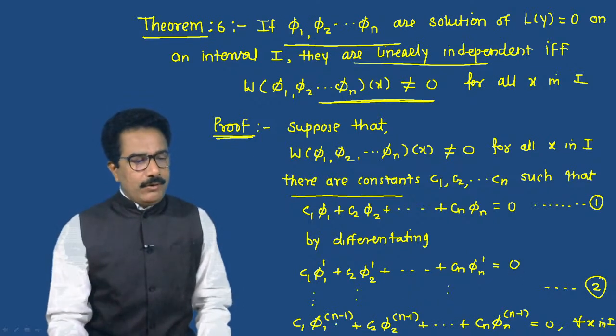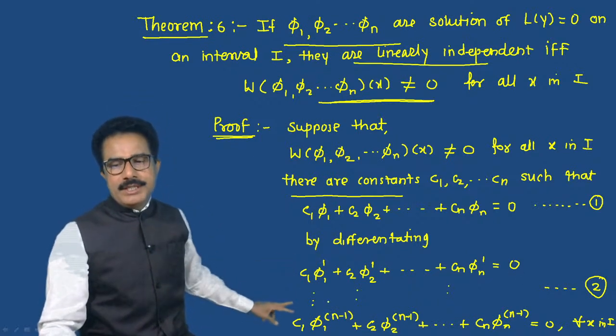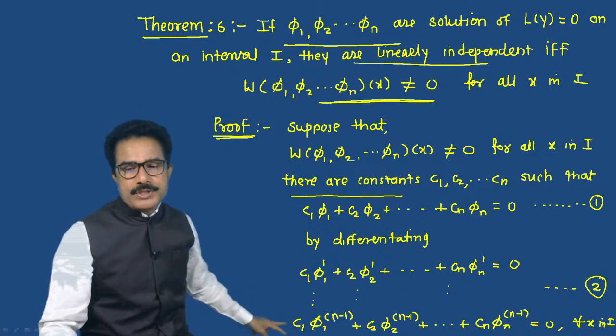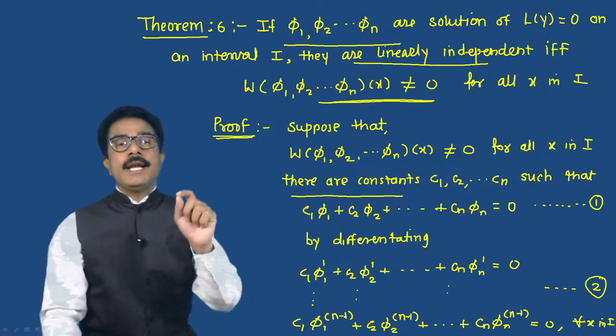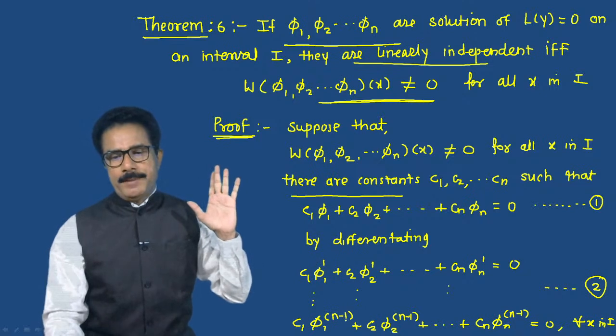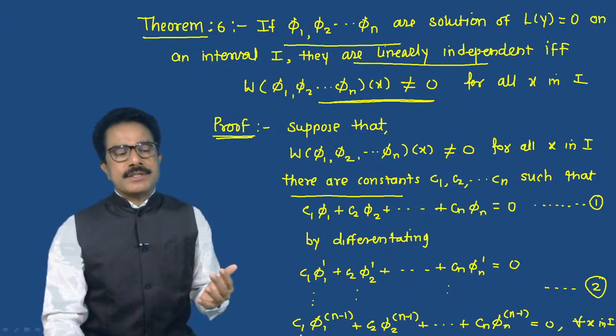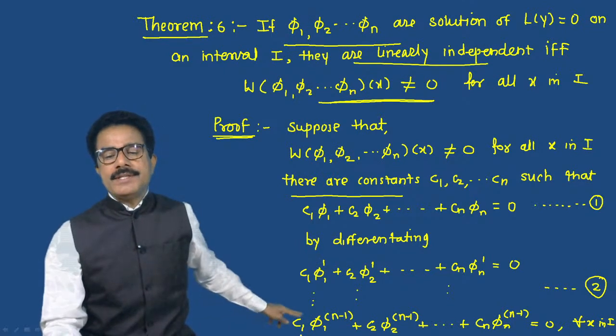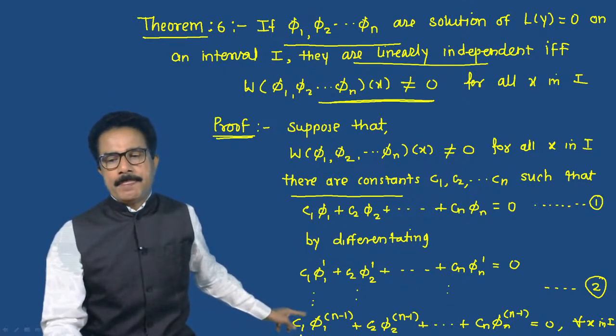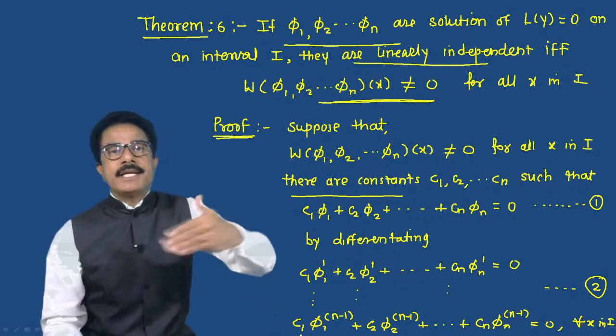Okay, now if we continue the differentiation process, then we get up to the n minus 1th differentiation. Right side is 0, C1, C2 are constants, so we are differentiating only the functions phi 1, phi 2, phi 3 in higher order form.